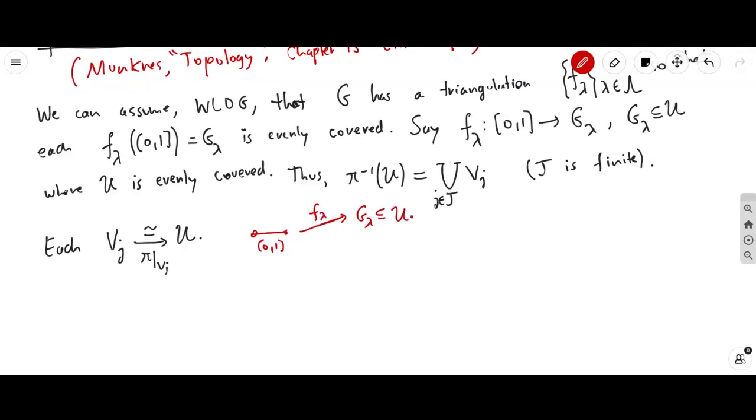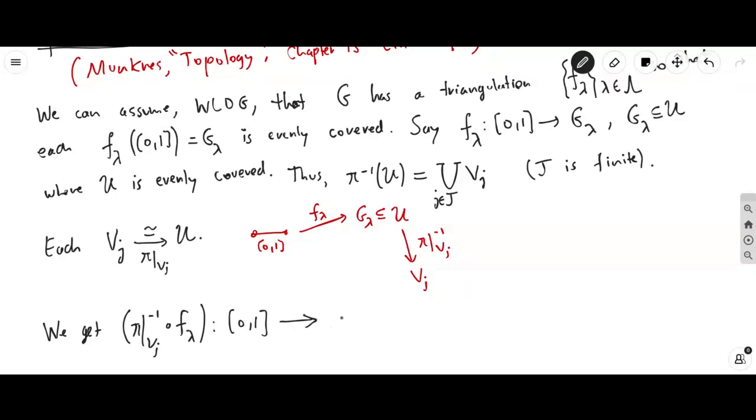And then this is contained in U. And then you can map U homeomorphically to V_j by using pi, the restricted map. So it has an inverse because this is a homeomorphism. So if you compose them, we get f lambda composed with pi restricted to V_j inverse, which will be a mapping from 0 to 1 into the covering space.